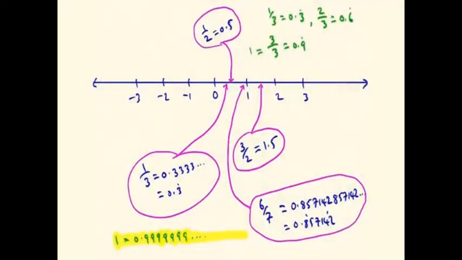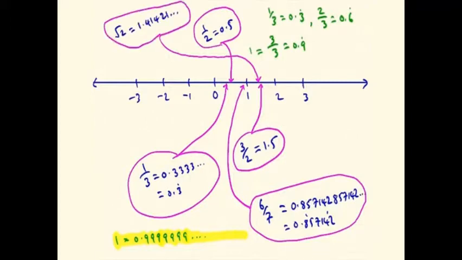Now there are lots of other numbers, interesting numbers on this real number line. If I look just below 1.5, there's a number called the square root of 2. Now the square root of 2 has a decimal expansion 1.41421 and so on. Now this differs from the other examples.